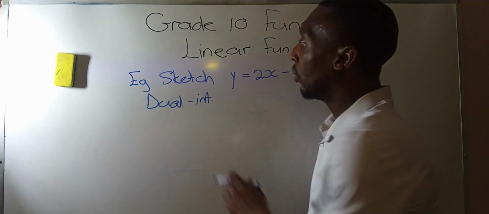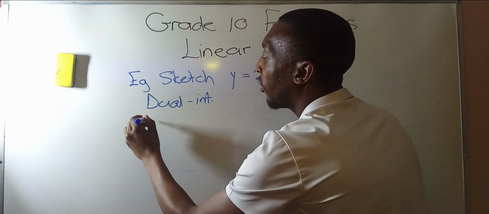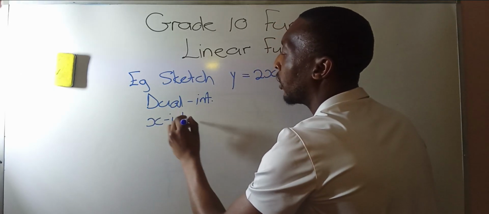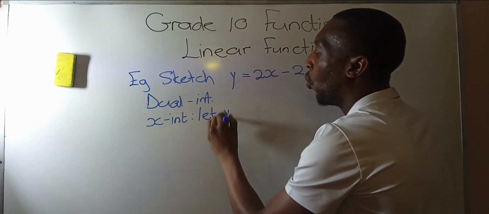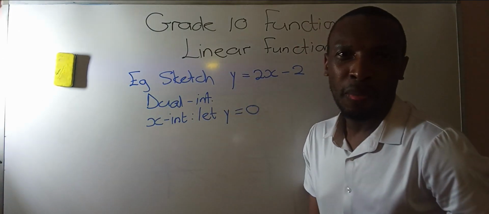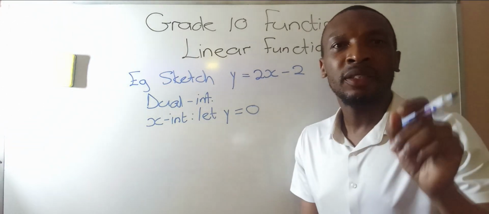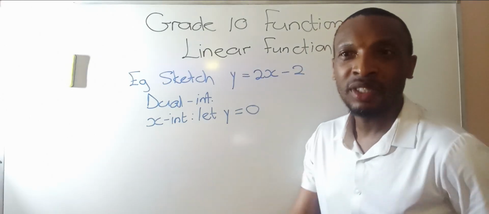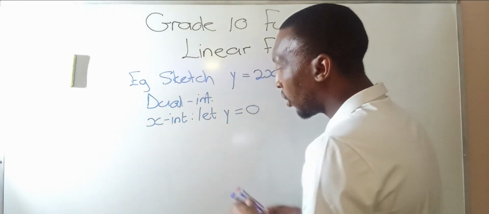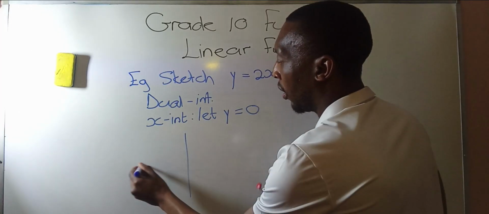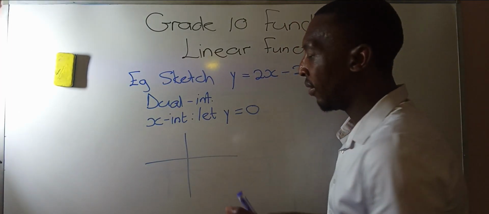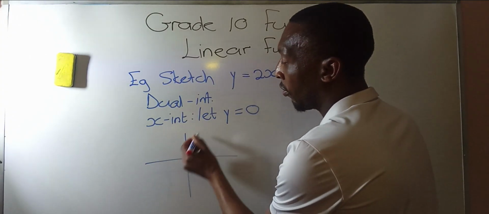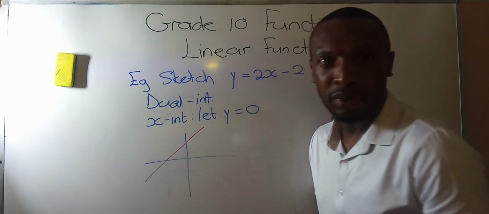So what you do is let's first find the x-intercept. X-intercept. We always say let y equal to 0. If you want to find the point where the graph cuts the x-axis, you let your y equal to 0. Why? Because if you have your Cartesian plane there and you are looking for this point here, for example, right?